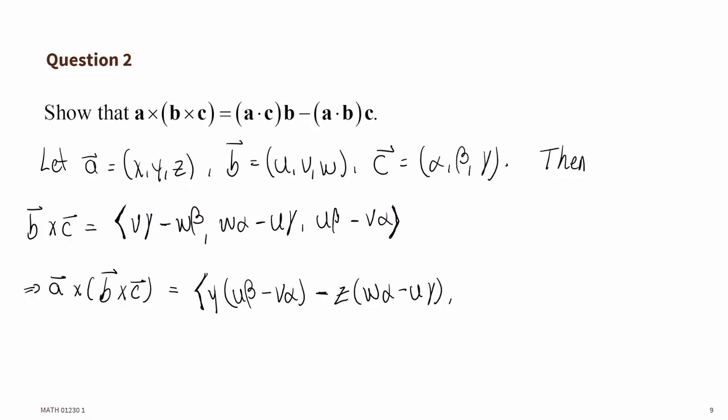Second component: Z times V gamma minus W beta, minus X times U beta minus V alpha.